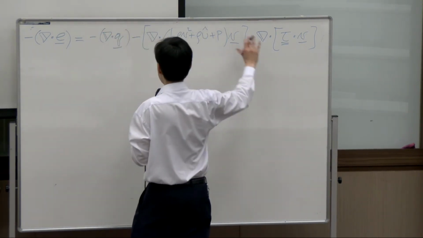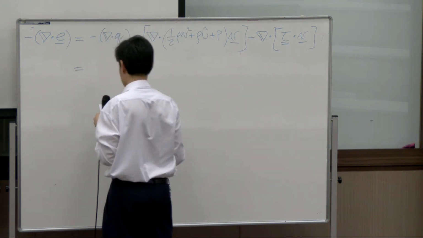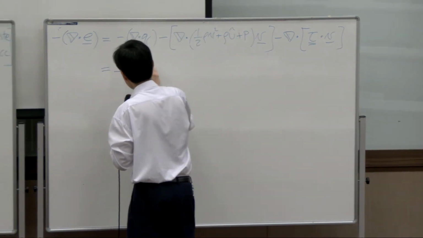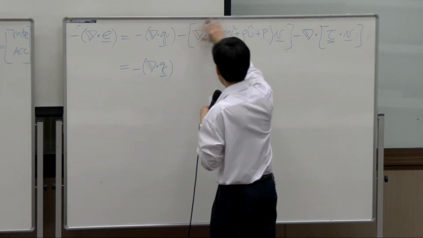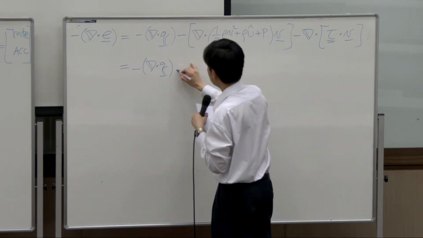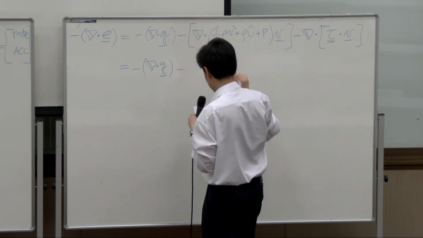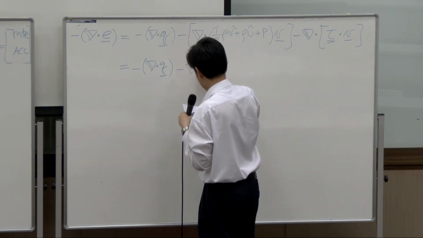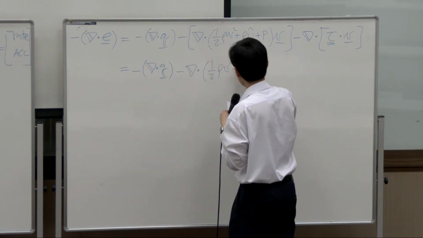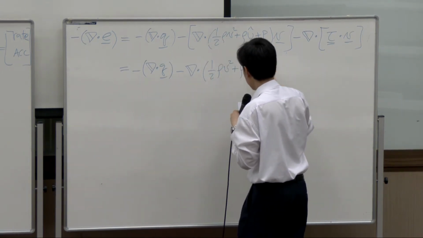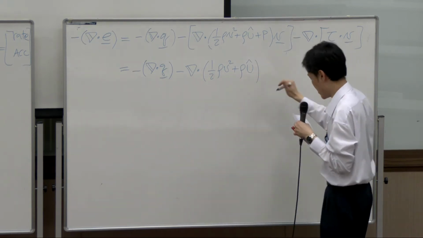Now, from this, I keep this del dot Q, but expand this del dot in the convective term, split them into two terms. The first term is basically kinetic energy and internal energy.